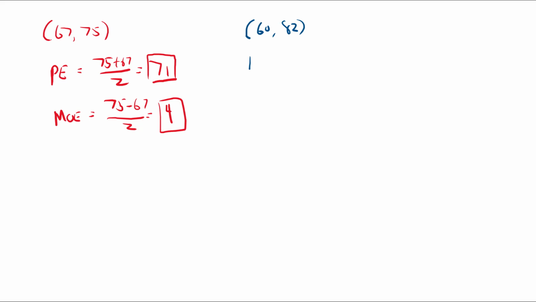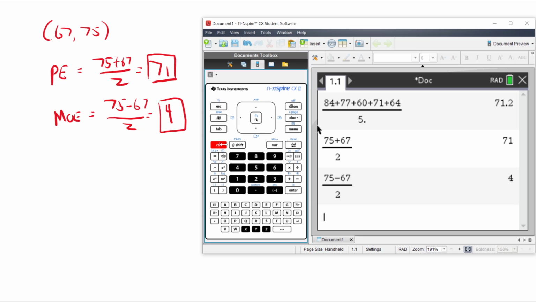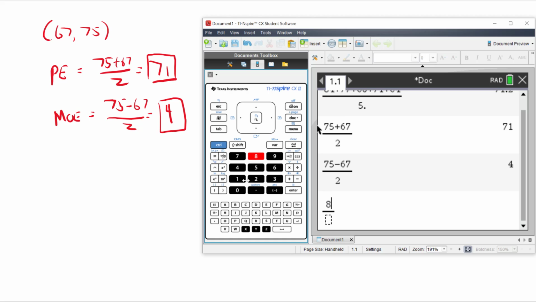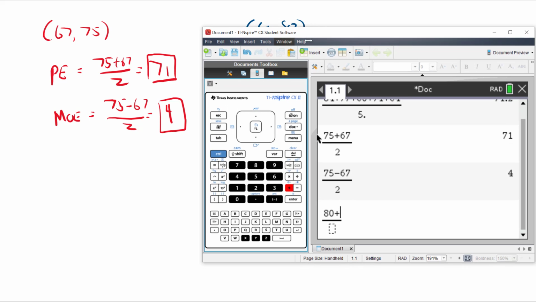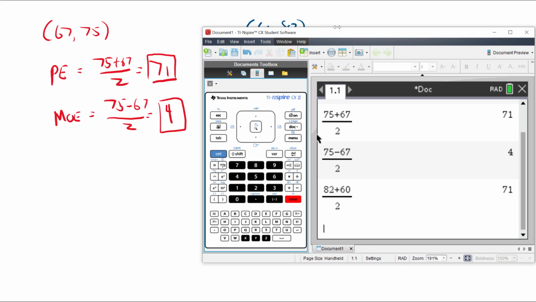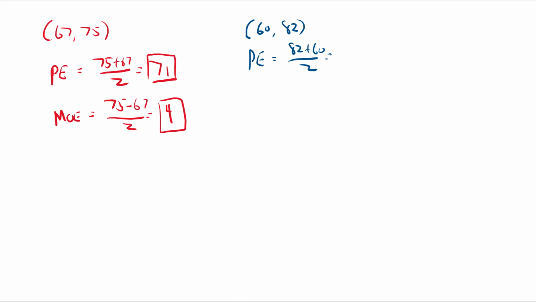What would the point estimate be here? We simply take 82 plus 60, divided by 2, and we get 71.